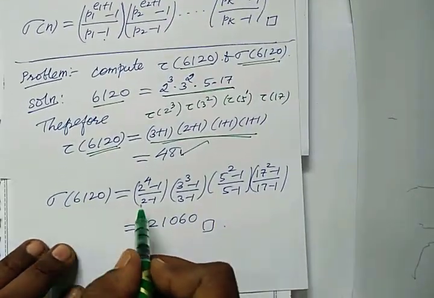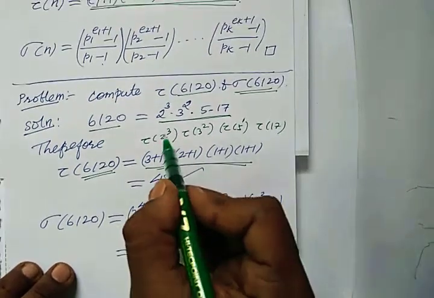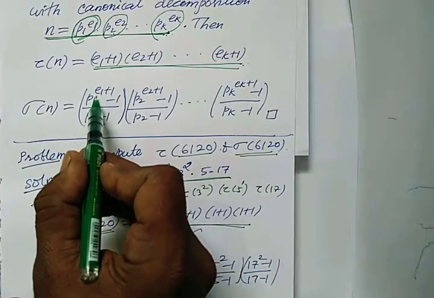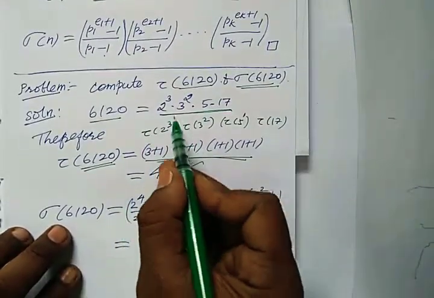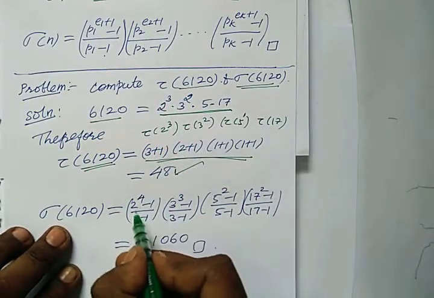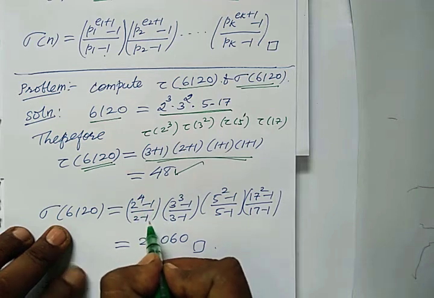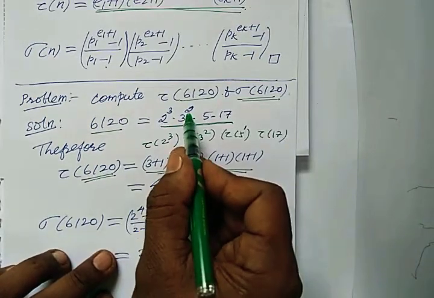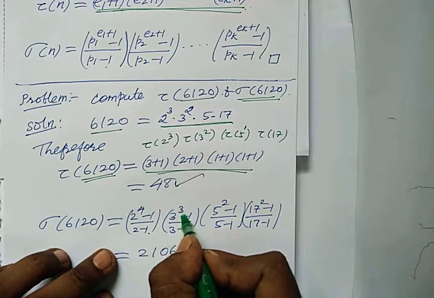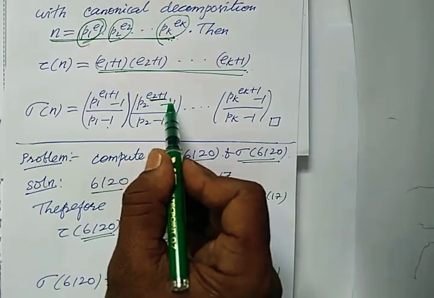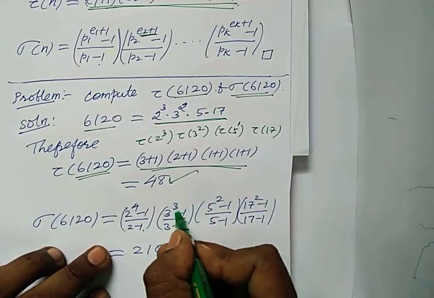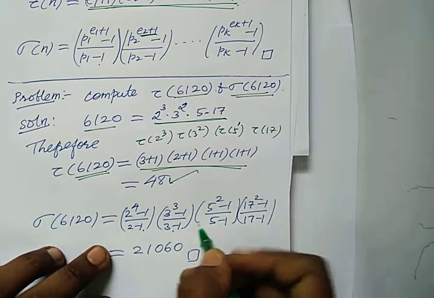And sigma of this number: the formula is p1 to the power e1 plus 1 minus 1 by p1 minus 1. So here it is 2 cube, so 2 power 4 minus 1 by 2 minus 1. It is 3 square, so we have to add 1 in the power: 3 cube minus 1 by 3 minus 1.